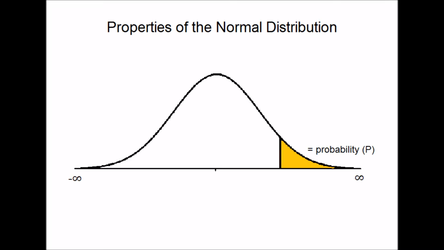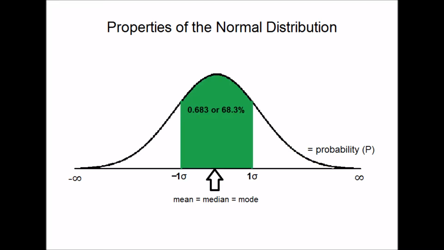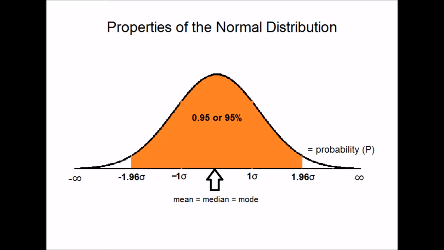Normal distributions are symmetric around the mean, have a single mode, and the mean is equal to the median and the mode. The probability density is highest at the mean, such that 68.3% of the area under the curve lies within one standard deviation of the mean, and 95% of the area under the curve lies within 1.96 standard deviations of the mean.